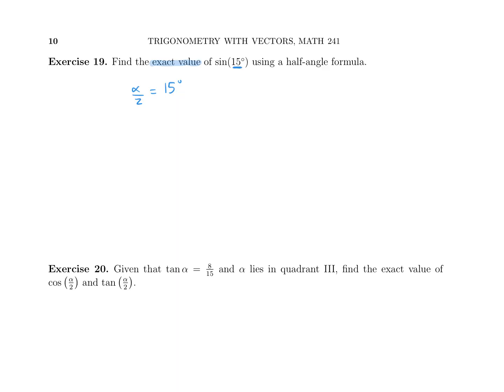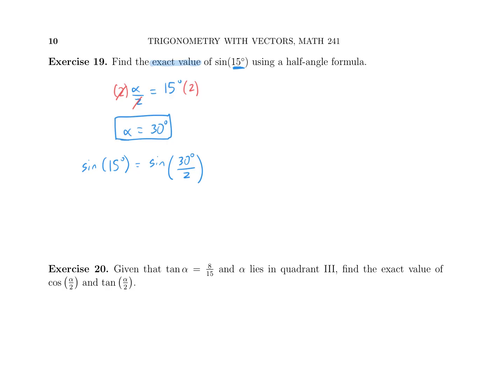Then you solve for alpha by multiplying both sides of the equation by 2. So alpha is equal to 30 degrees. Now you can write the problem out this way: the sine of 15 degrees is equal to the sine of 30 over 2, where alpha is your 30-degree angle.